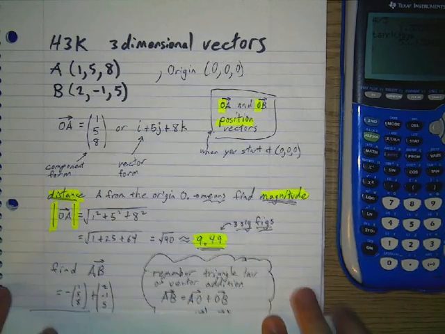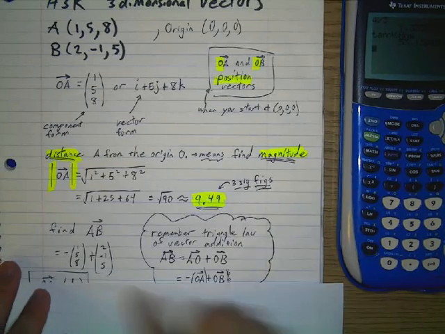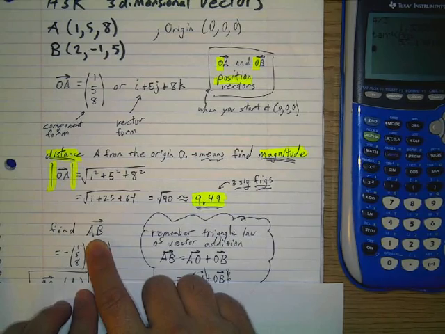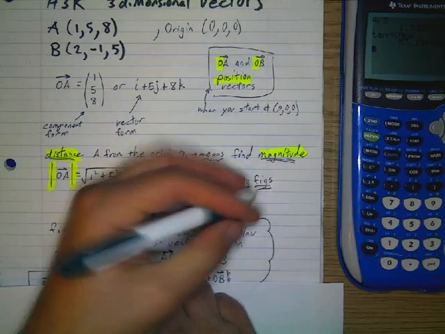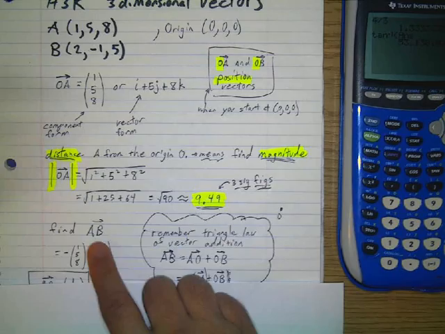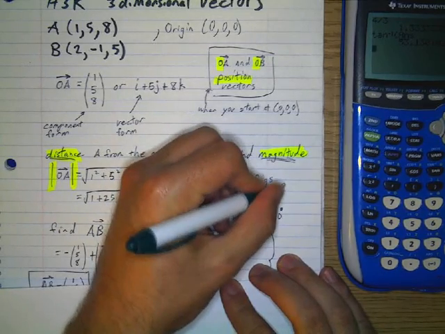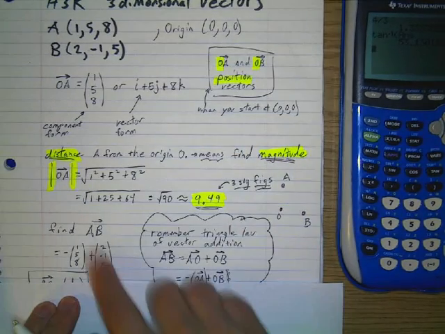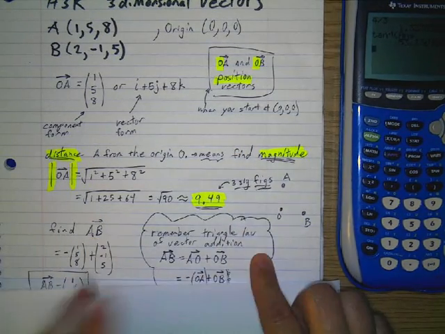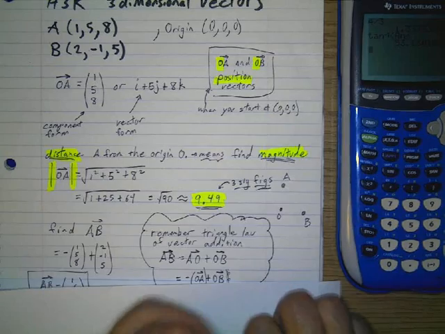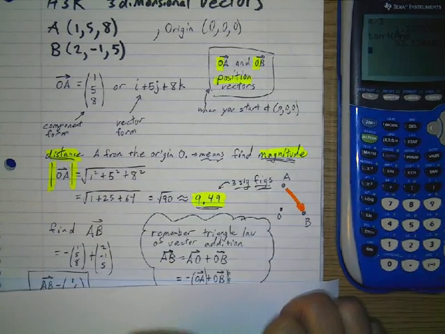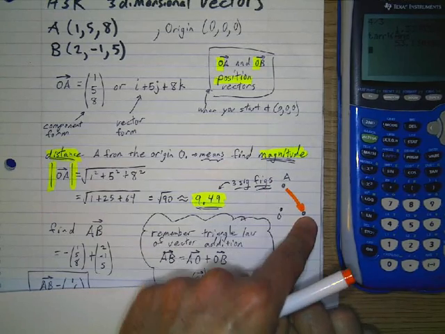Okay. So what if I wanted to figure out the vector from A to B? So if I had the origin here, let's just say A is somewhere over here and B is somewhere over here. If I'm going to go from A to B, that could be written like this, right? Let's pretend you're going from San Francisco to San Jose.